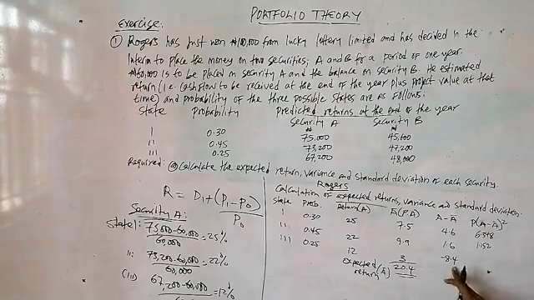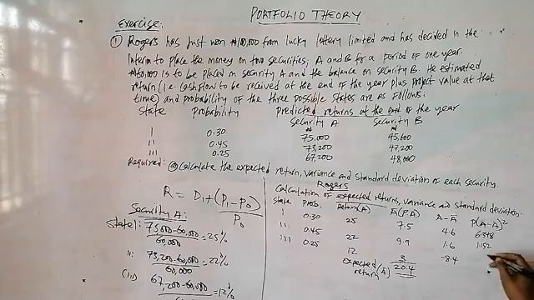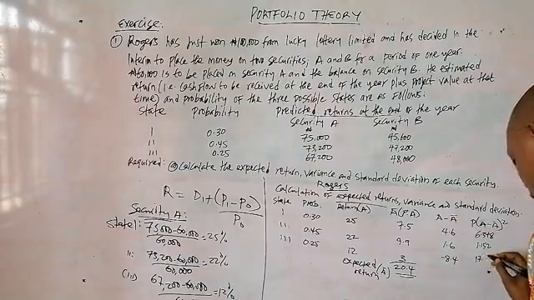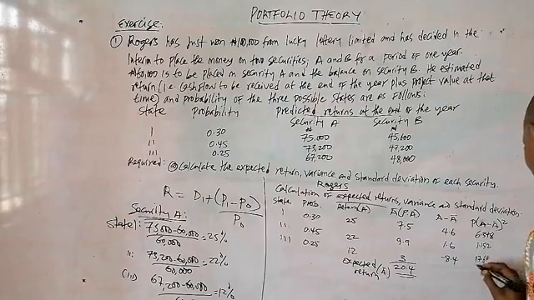Minus 8.4 squared, 8.4 times 8.4, multiplied by the probability 0.25, gives 17.64. So you sum it up.